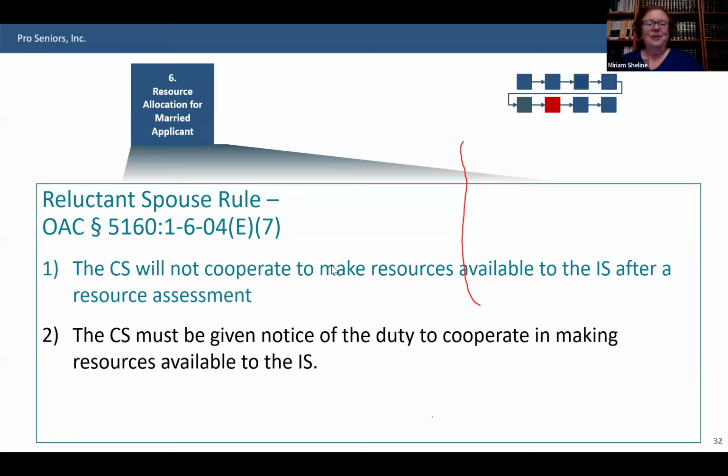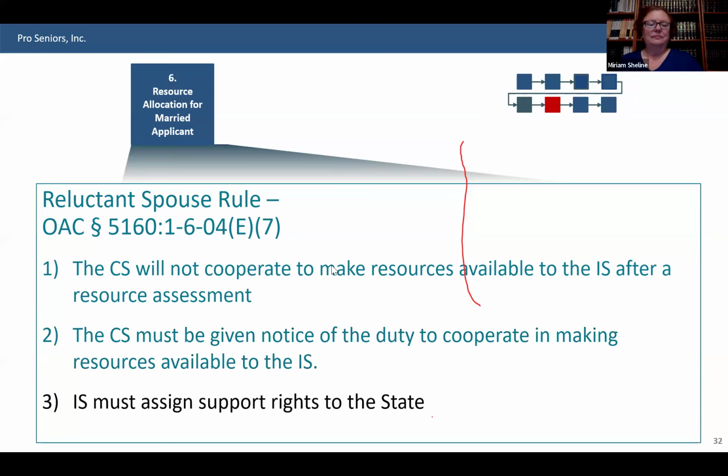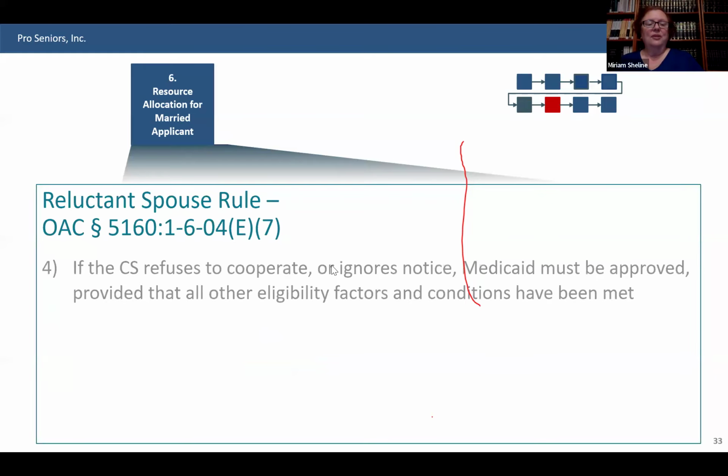So the community spouse must be given notice of the duty to cooperate in making the resource available. And the institutionalized spouse must assign support rights to the state. So you have to send them a letter basically saying, hey, you must give me these verifications. You must cooperate in paying your institutionalized spouse's share of debts, which community spouse ignores.